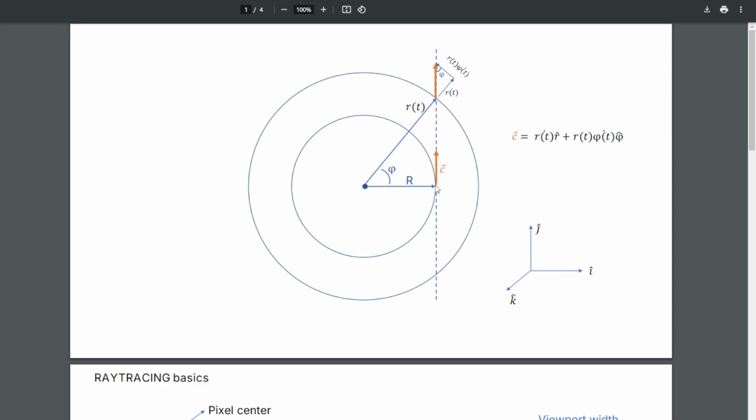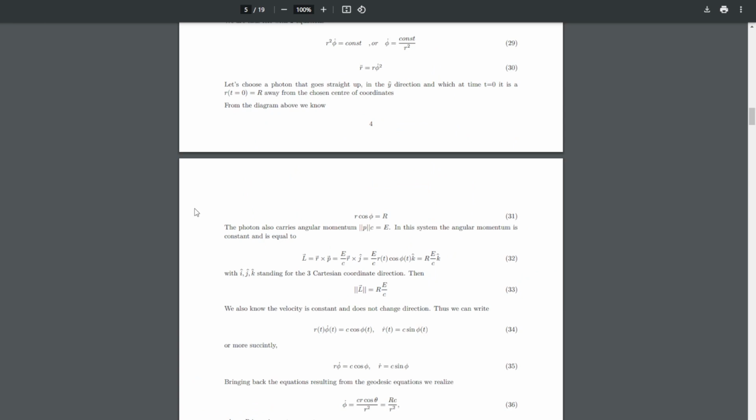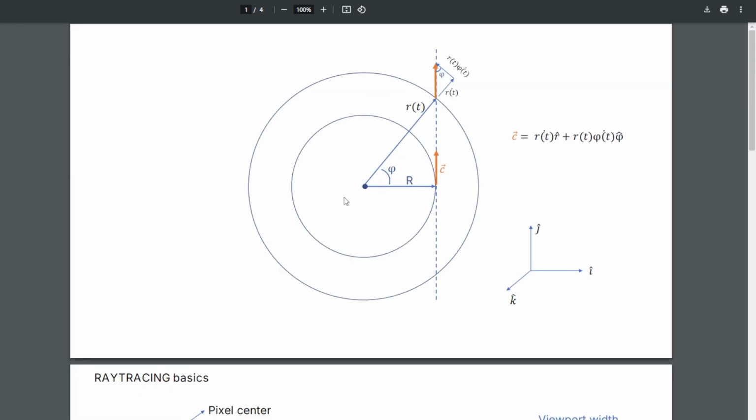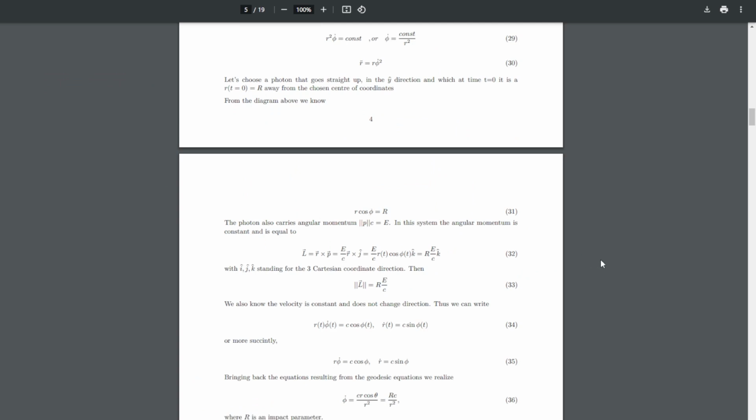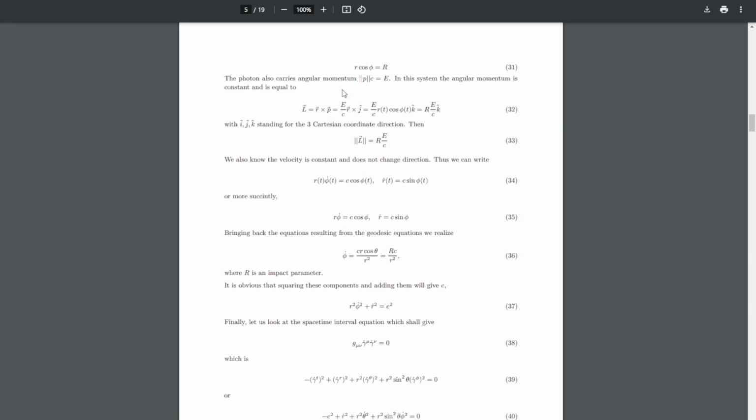So, like I said, this is the photon, and this is the center of our reference frame. We know that r cos phi equals R. The big R is the distance from the center to the line described by the trajectory, the distance from the center to that line. So r cos phi equals R. We know that the photon also carries angular momentum, E equals pc.